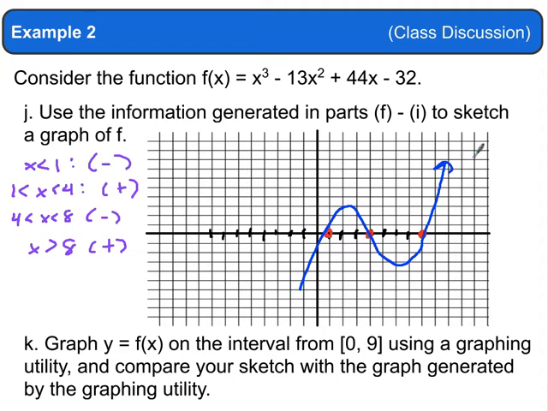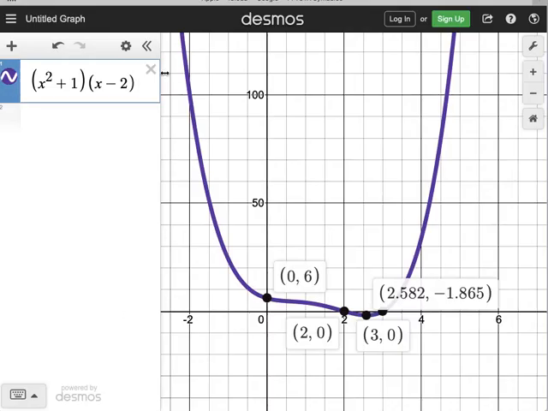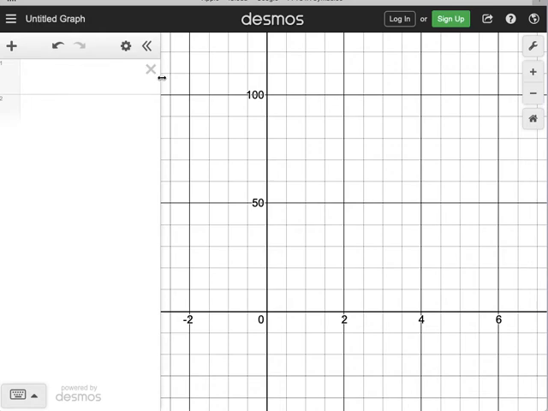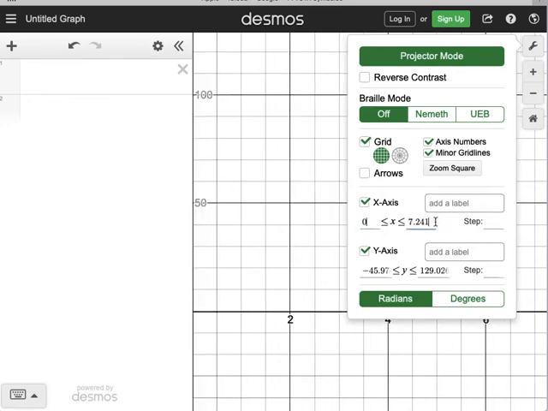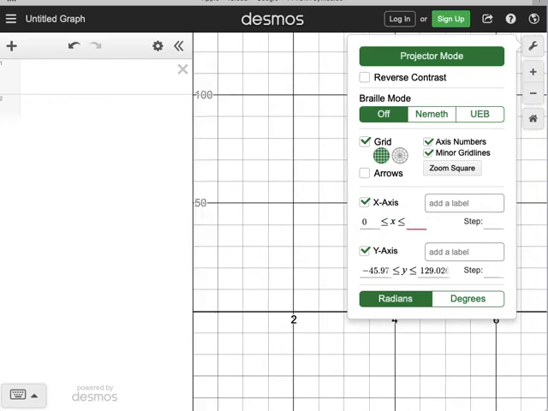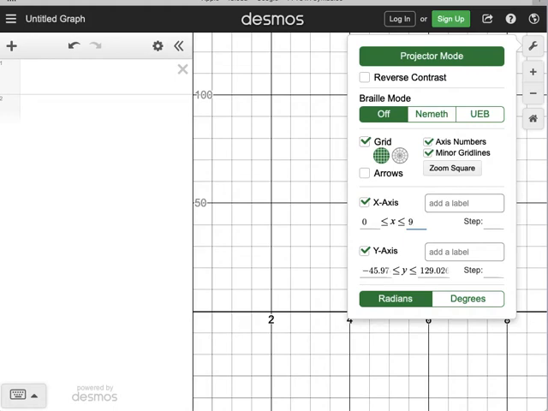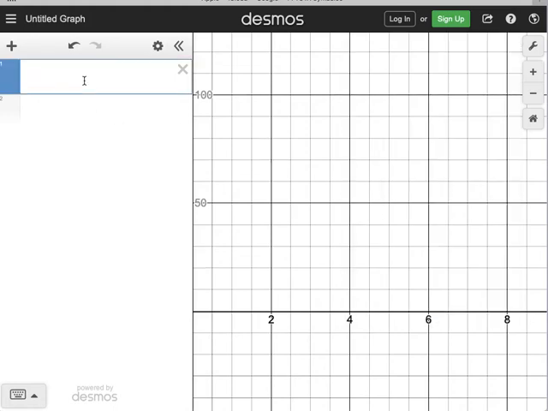It says in part K, graph on the interval from 0 to 9 using a graphing utility and compare it to what we did. So to wrap this idea up, we go to our Desmos, right? We could type in our graph. They said to go from a window from 0 to 9. So we can go ahead and set that 0 to 9 for the x-axis. We'll adjust the y-axis in a minute.